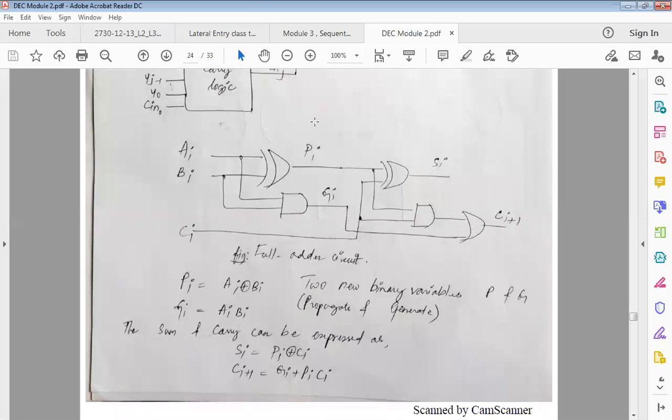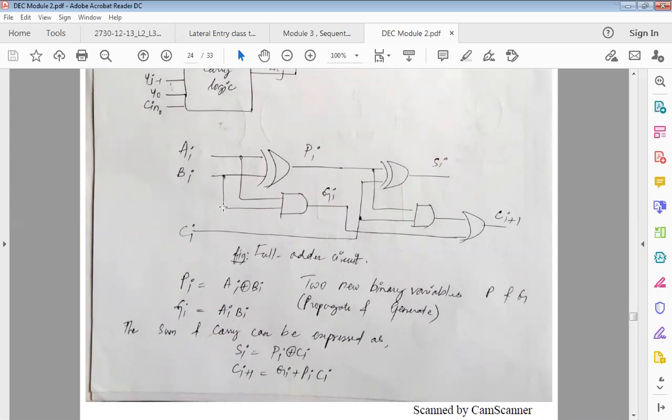There are two new terms that are getting introduced here: Pi and Gi. Pi is referred to as propagate and Gi is referred to as generate. Whatever values are generated here, it passes on to the next level, and hence it is called propagate. This is called generate because it is checking for only high values. Only if Ai and Bi are 1 will it generate 1.